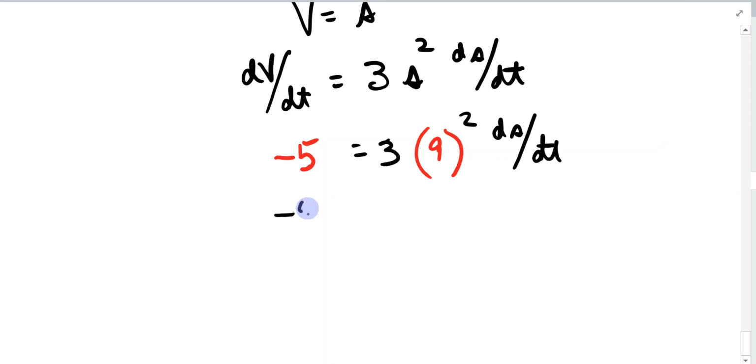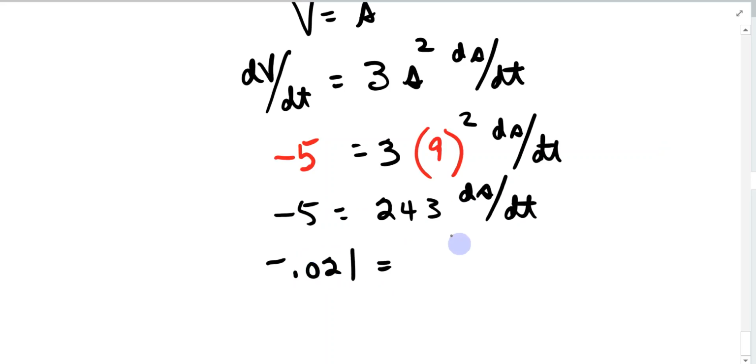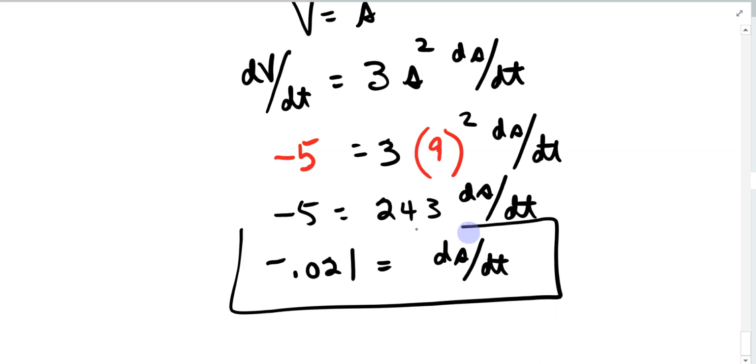So we have -5 equals 243 ds/dt, and that ends up being -0.021 equals ds/dt. And that's the rate that the side is decreasing.